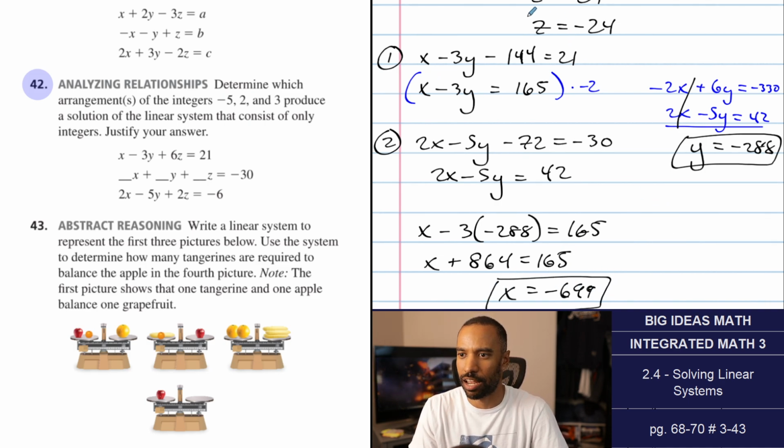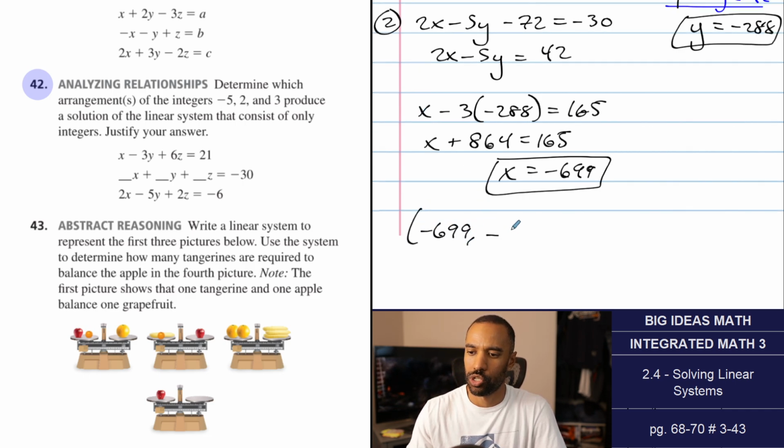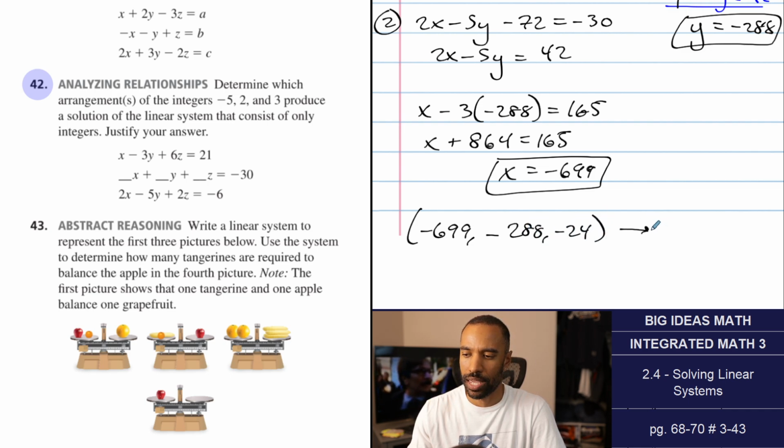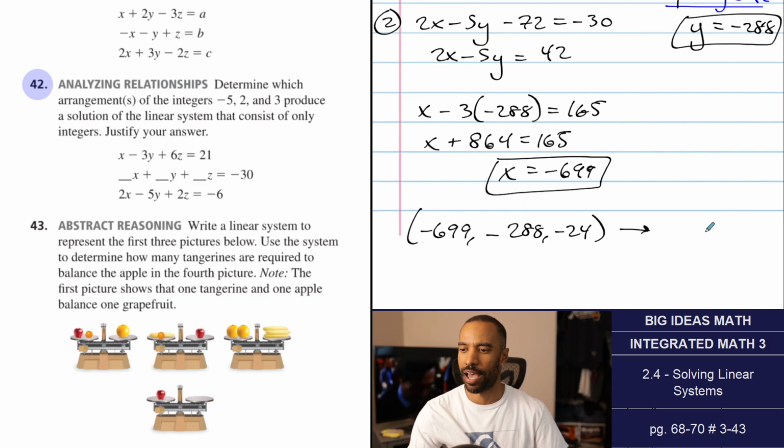So I have -699 for x, -288 for y, and -24 for z. This was if we had the order that was 2, -5, 3. Awesome. So it was my first shot.